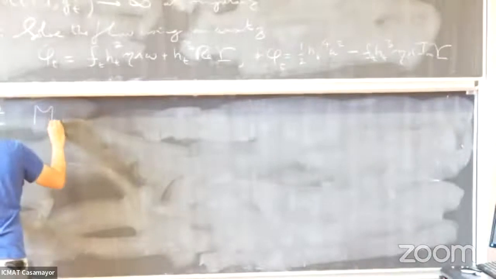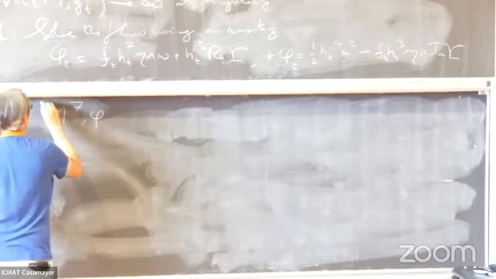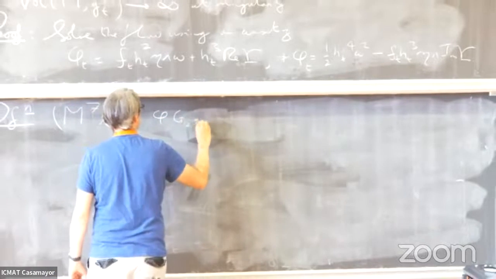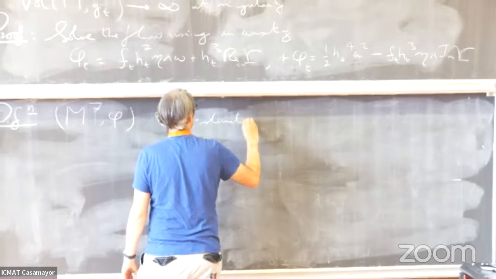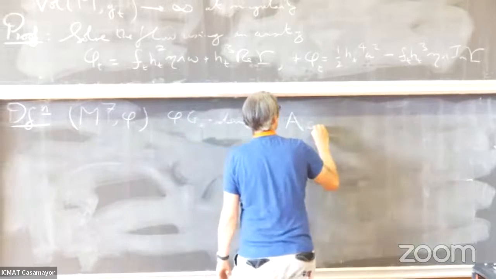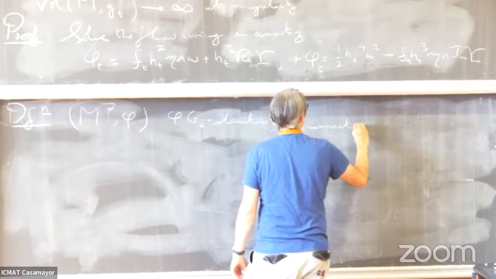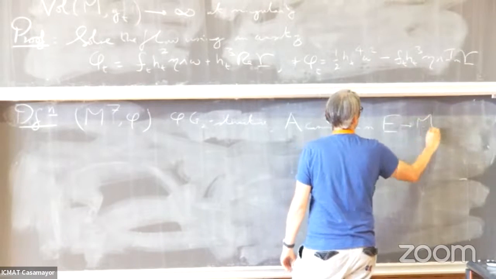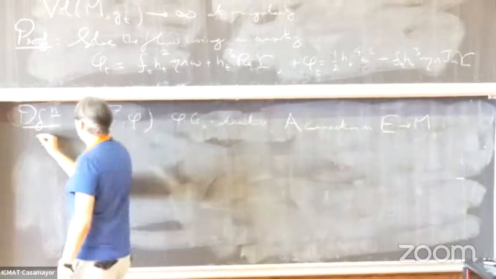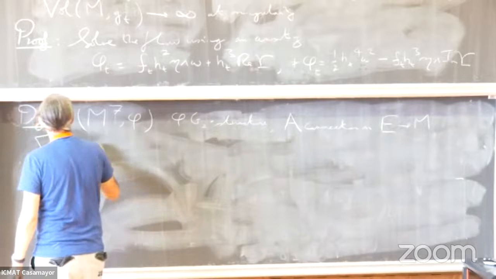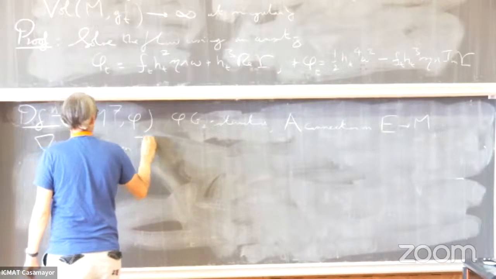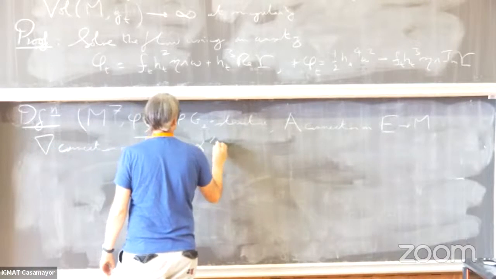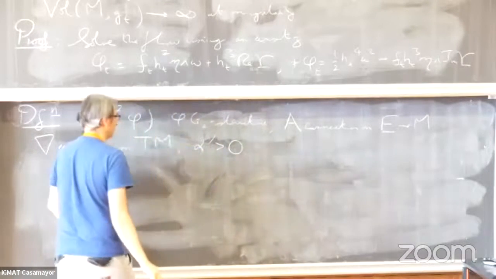We have M7 with phi, where phi is a G2 structure; A, some connection on some bundle E over M; nabla is going to be a connection on TM; and alpha prime is going to be a positive number.